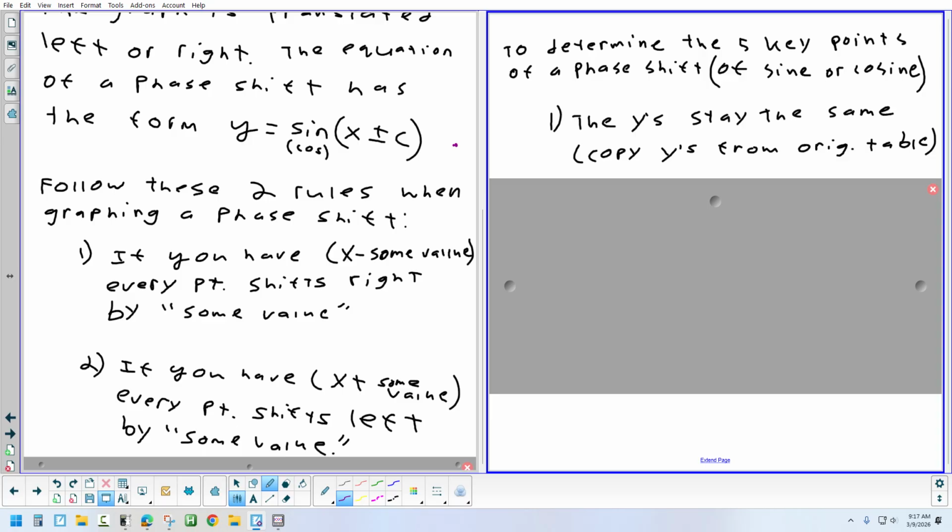So when you are doing a phase shift or horizontal shift, you're going to copy the y's down from the original table. And remember, you have 2 tables. One for sine, one for cosine. So make sure you copy them down from the correct table. Just look at your problem. If you're doing a sine problem, use the sine table.